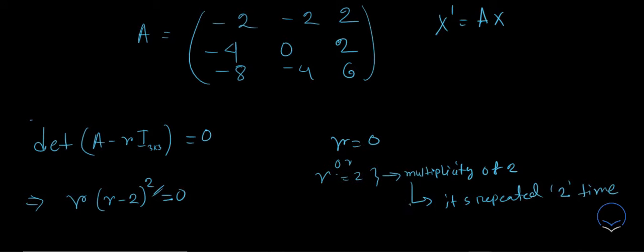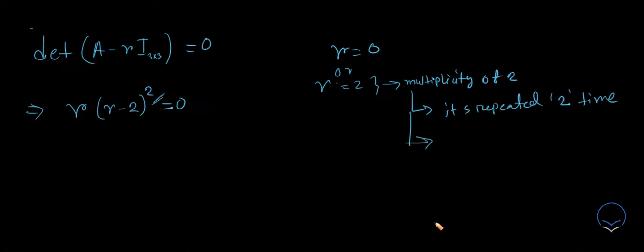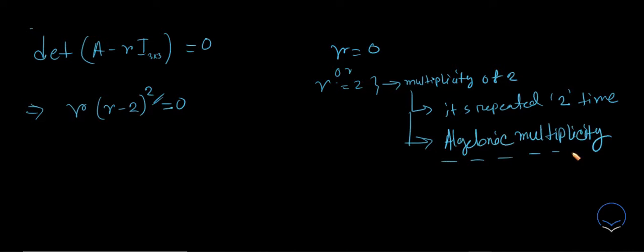Now let's learn a new terminology. This multiplicity, which indicates how many times the root has been repeated, is called the algebraic multiplicity. And there is also a thing called the geometric multiplicity. That means how many eigenvectors are associated with the eigenvalue. In general, it's 1.